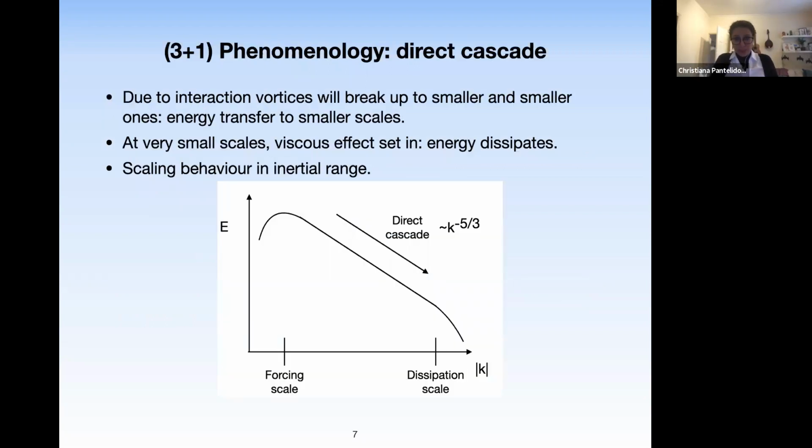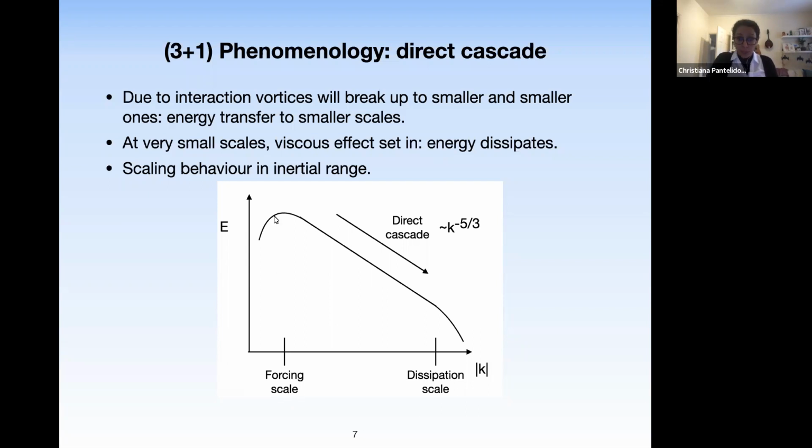Okay, so I was here describing the direct cascade. As I said, if we introduce a few vortices at this scale here, those will break into smaller ones, transferring energy to higher values of k, and eventually they will be removed from the system because of dissipation. So the system will go back to equilibrium. Okay, so how can we have a picture like this? Well, the answer is that you have to keep introducing vortices in your system.